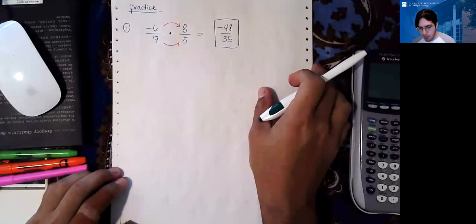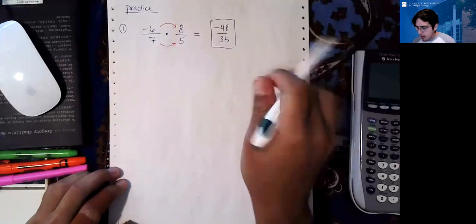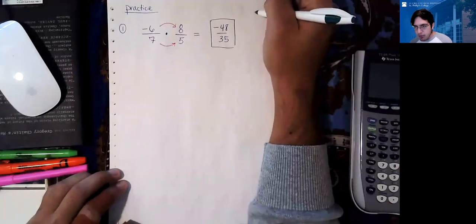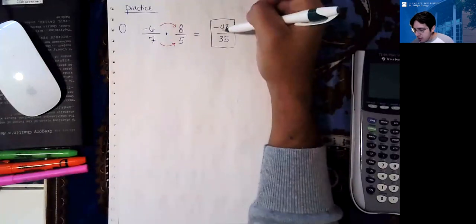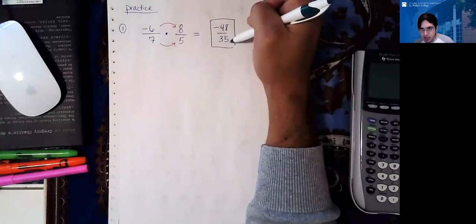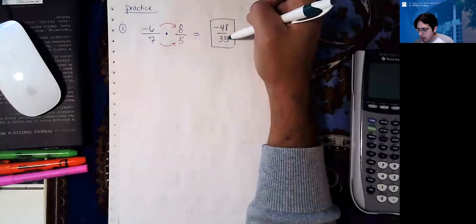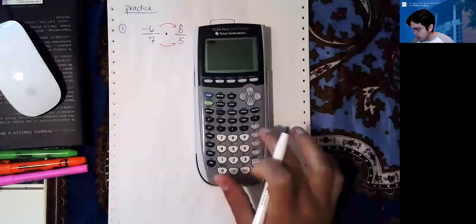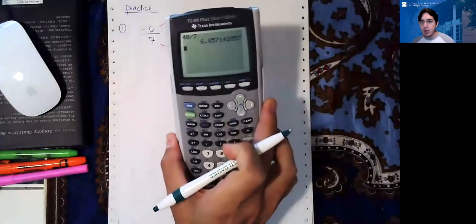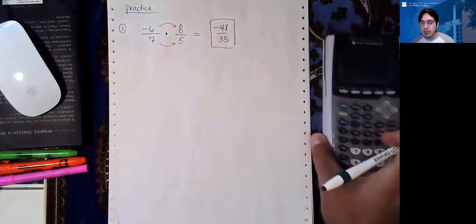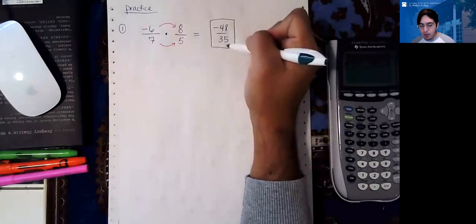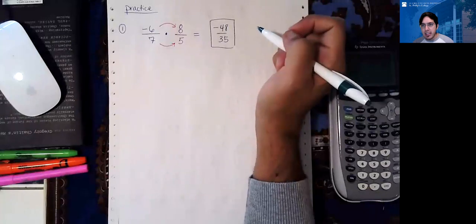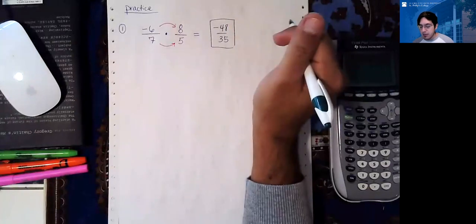If it can be reduced by 7, that means that 7 divides into 48 and also into 35, right? But if we do that, let's just grab our calculator. 48 divided by 7 doesn't give you a whole number. So 7 won't work there because it needs to divide into both of these. It turns out that this is a simplified fraction. We can't do anything else with it. So this is the final answer.